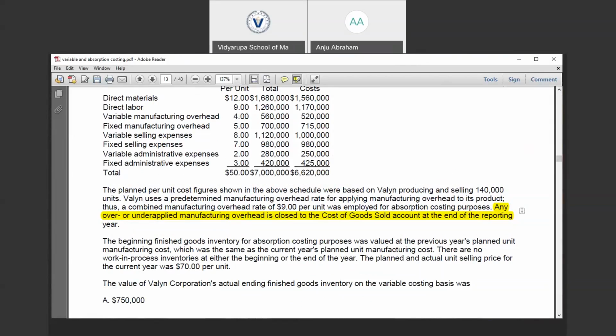If it were material, it would be prorated among the cost of goods sold, finished goods inventory and work in process. So if any such information is provided, some portion of this under applied manufacturing overhead would be part of the finished goods inventory.